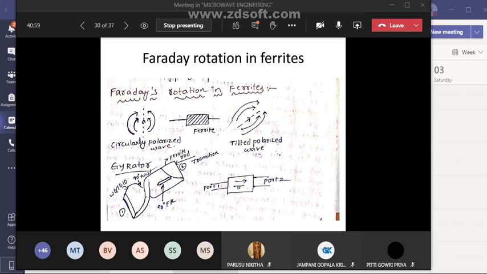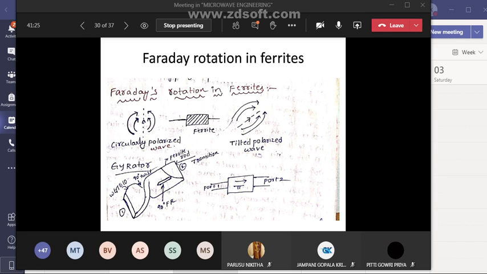Okay, so when a wave enters at port 1, its plane of polarization rotates by 90 degrees, and it again undergoes Faraday rotation through 90 degrees because of the ferrite rod, and the wave comes out of port 2 at a phase shift of 180 degrees.